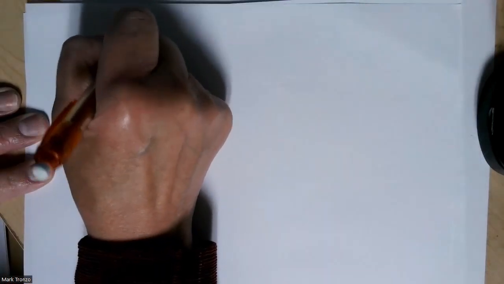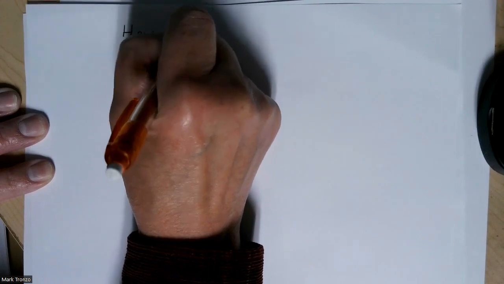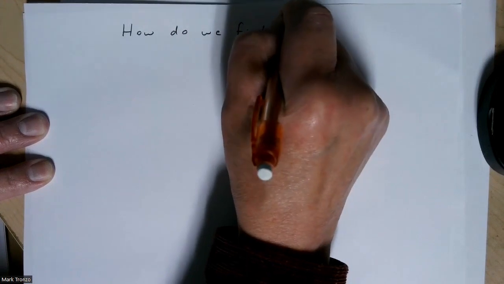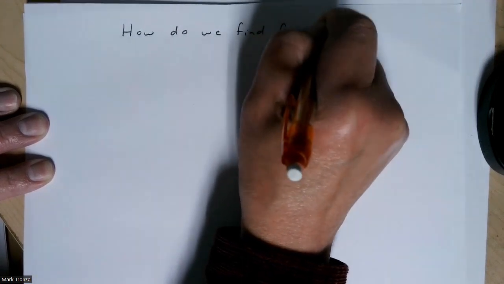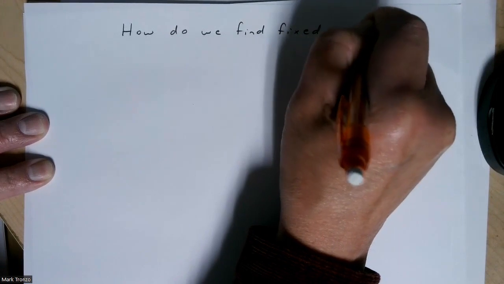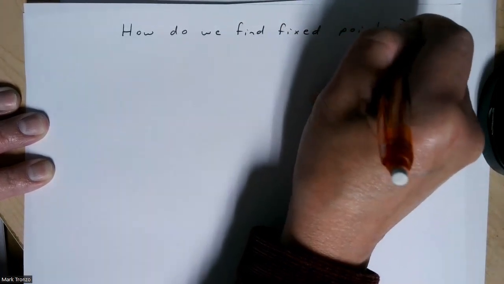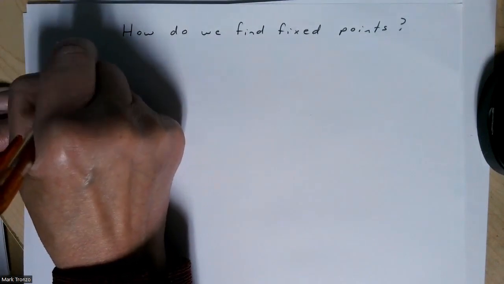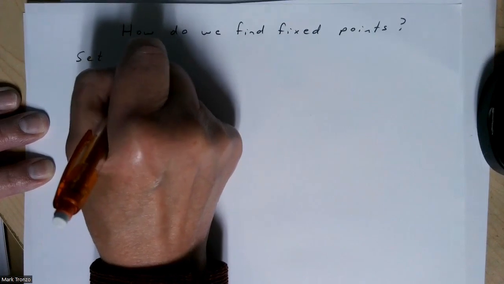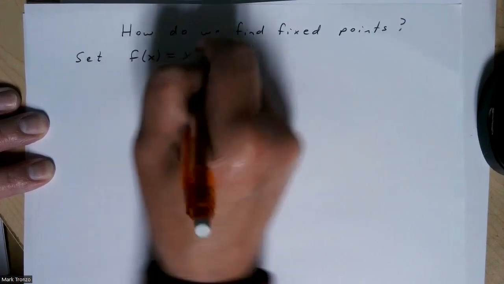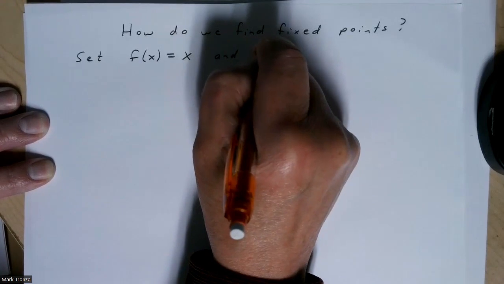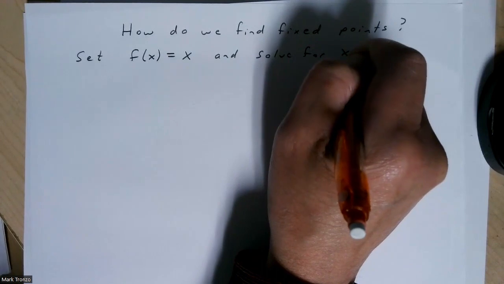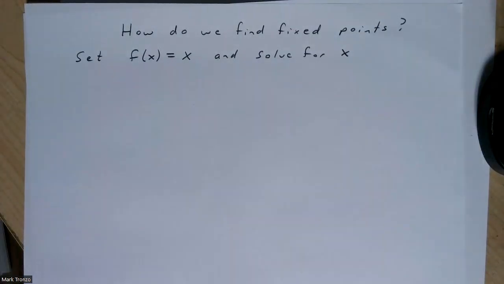So how do we find fixed points by doing calculations? Simply set f of x equal to x, and solve for x. That's the simplest way to do that.